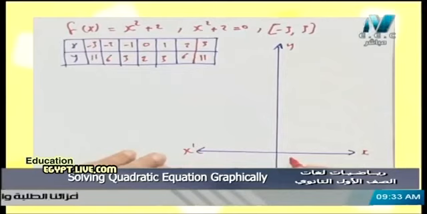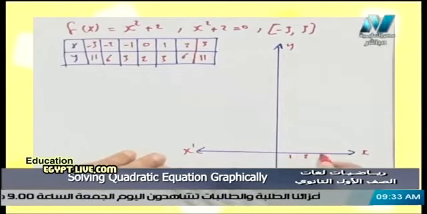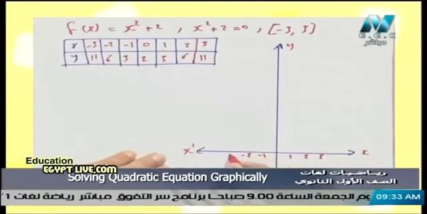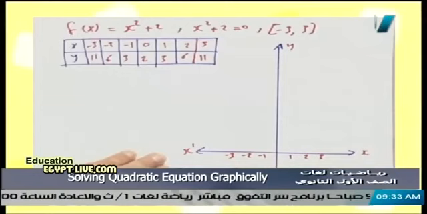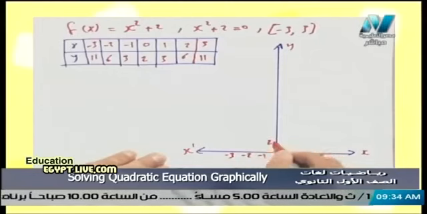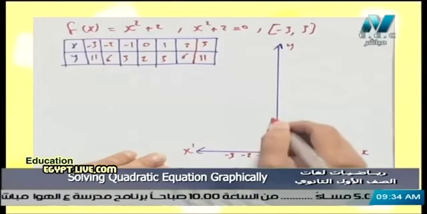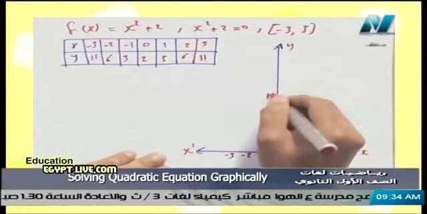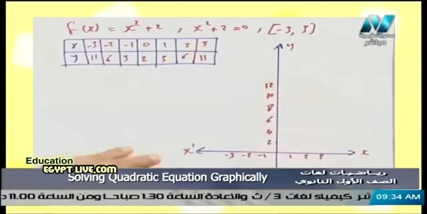Here the numbers of x will be 1, 2, 3, -1, -2, -3. And here we can say 2, 4, 6, 8, 10, 12.